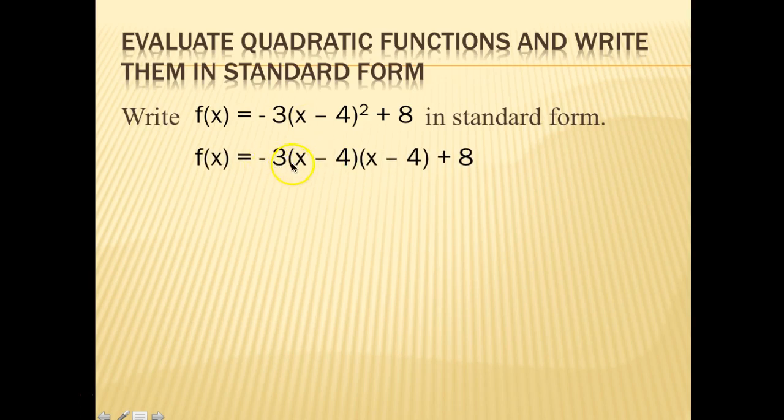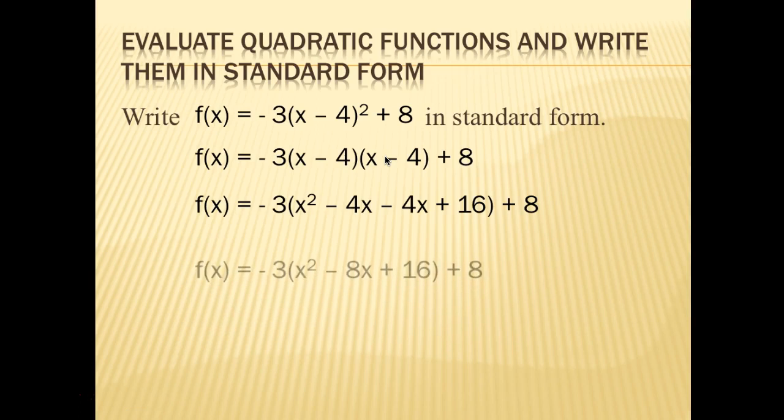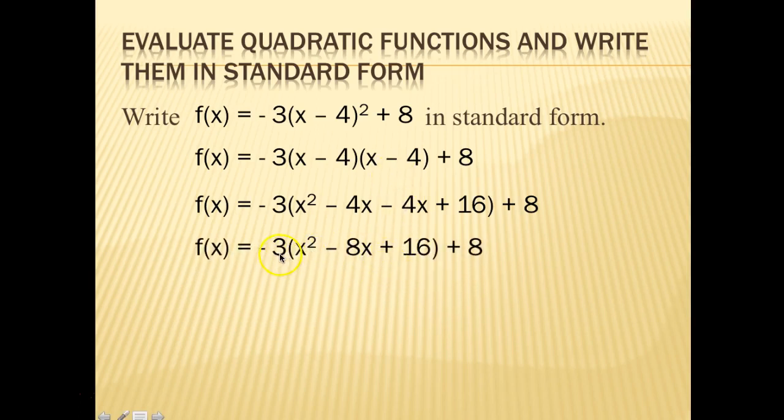So negative 3 times (x minus 4) times (x minus 4) plus 8. Now I can either distribute the negative 3 to x and to negative 4, or I could FOIL (x minus 4) times (x minus 4). Now distribute negative 3 to everything inside the parentheses. And lastly, combine like terms.